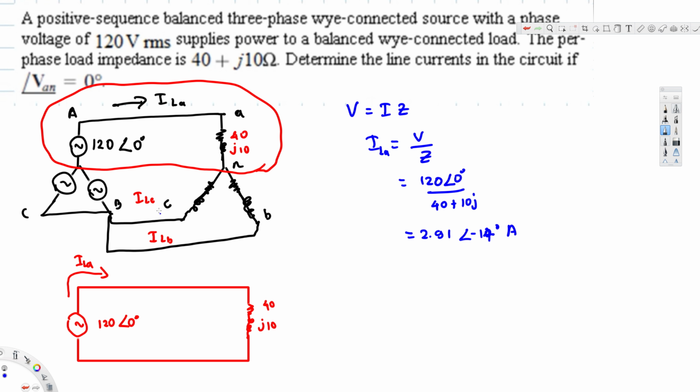Now to find ILB and ILC, that's very easy. The first value, the magnitude, doesn't change. The only value that changes is the angle.